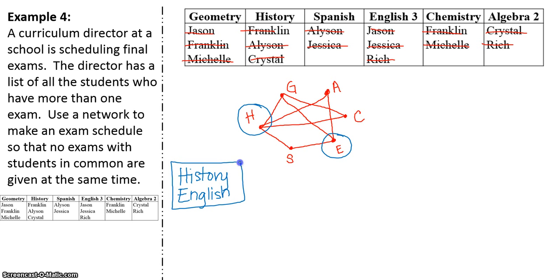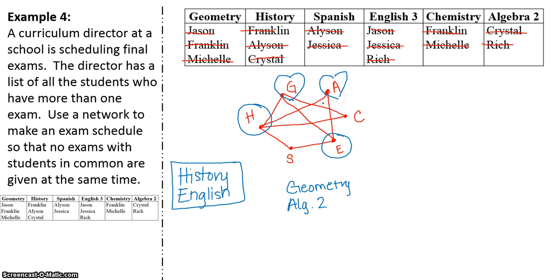So that works. Okay. Then, let's see, next highest would be geometry. So geometry is not connected to Algebra 2 or Spanish. So we could do geometry and Algebra 2.